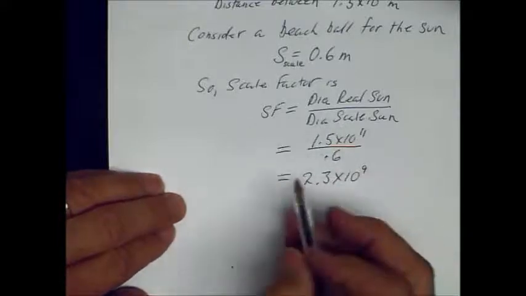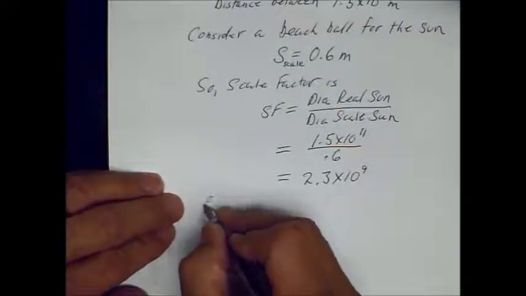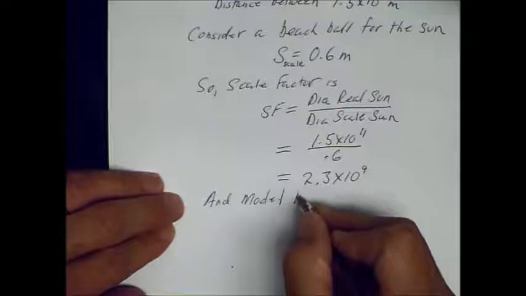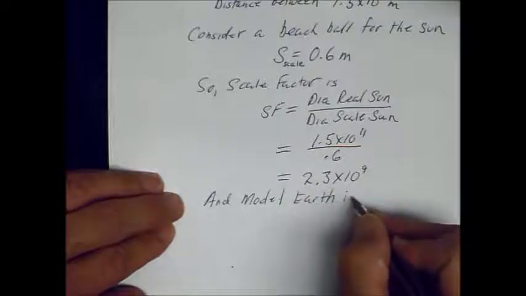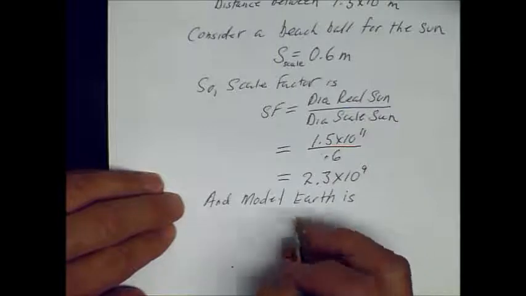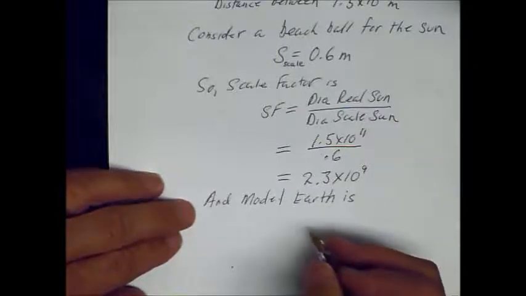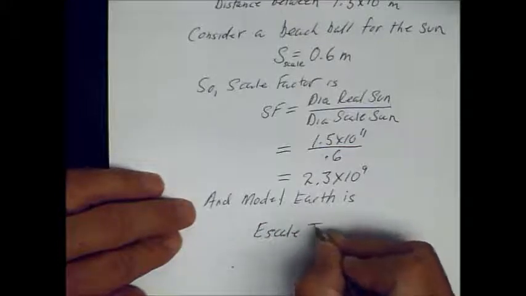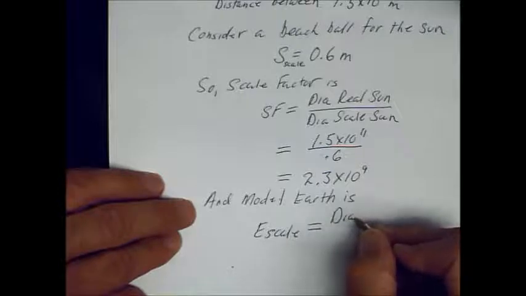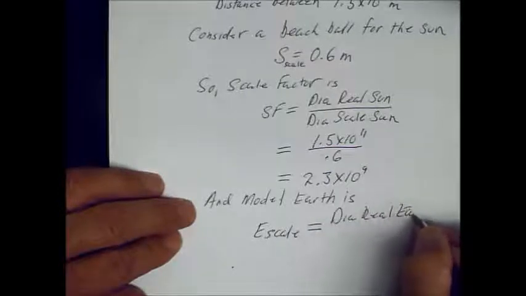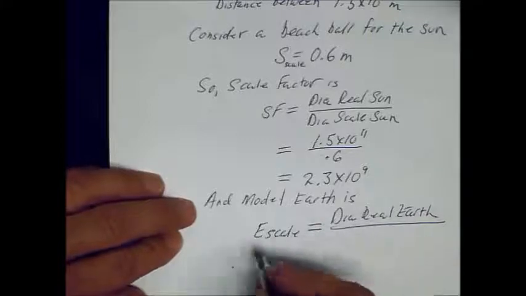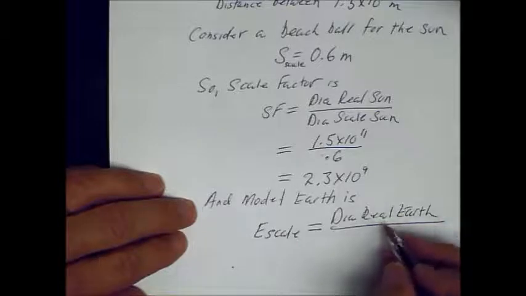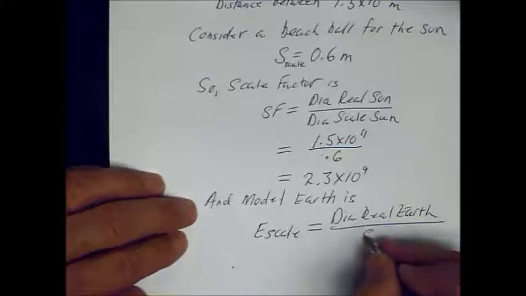So if the scale factor is this, the model Earth, using the equations that we have been working with all along, the diameter of the Earth in the scale is going to be equal to the diameter of the real Earth divided by the scale factor.